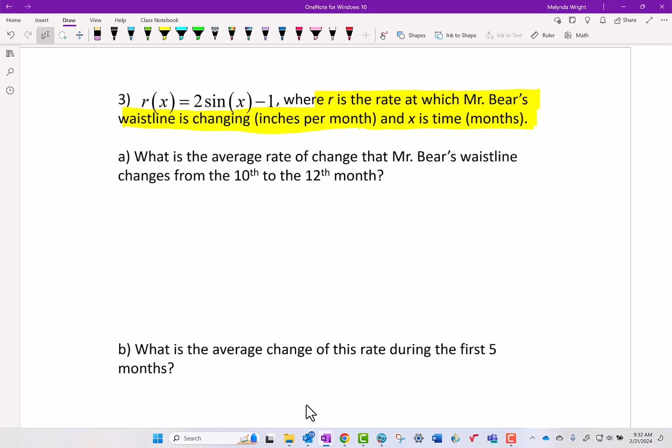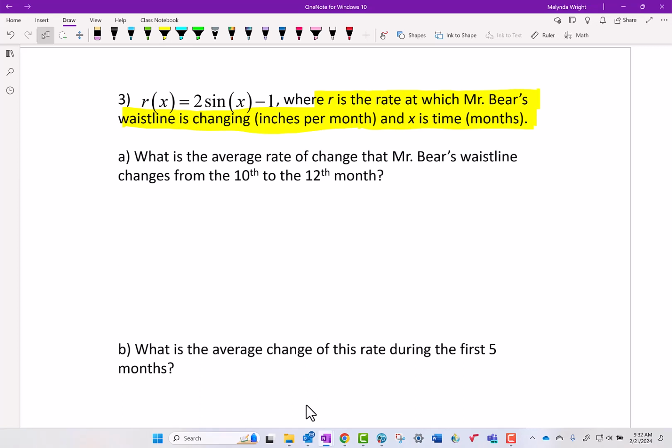Which formula am I going to use? Average value, because I want the average of what I possess. We have to get that linked together in our brains, right? If I have the rate the waistline is changing, and I want the average rate, I'm doing average value, even though it has rate in the prompt.